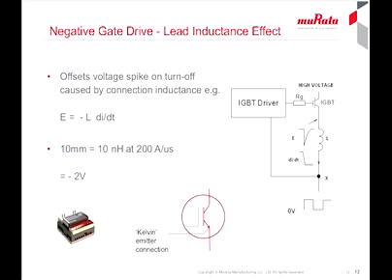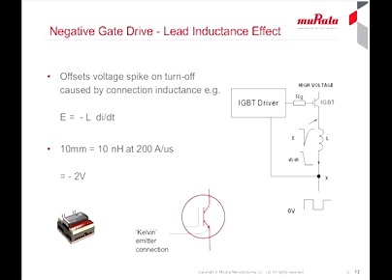Another effect to consider is the stray inductance around the power switch and even inside the switch package. When the gate is driven off, the load current falls at a fast rate to give low switching losses. This rate can easily be 200 amps per microsecond or more. Changing current through an inductor produces a voltage drop from the familiar equation E equals minus L times dI by dt. So even a low value of inductance will produce a voltage transient.